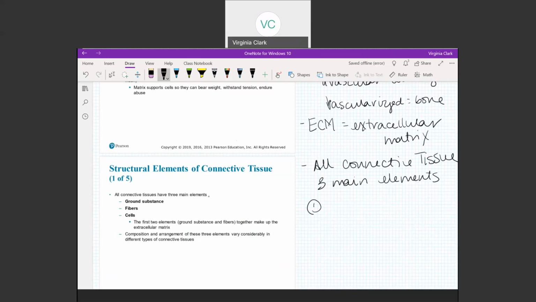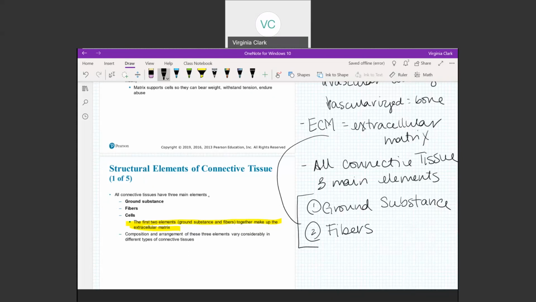You're going to have ground substance, you're going to have fibers, and you're going to have cells. The first two, the ground substance and our fibers, will make up the extracellular matrix. This is what's going to make up this.